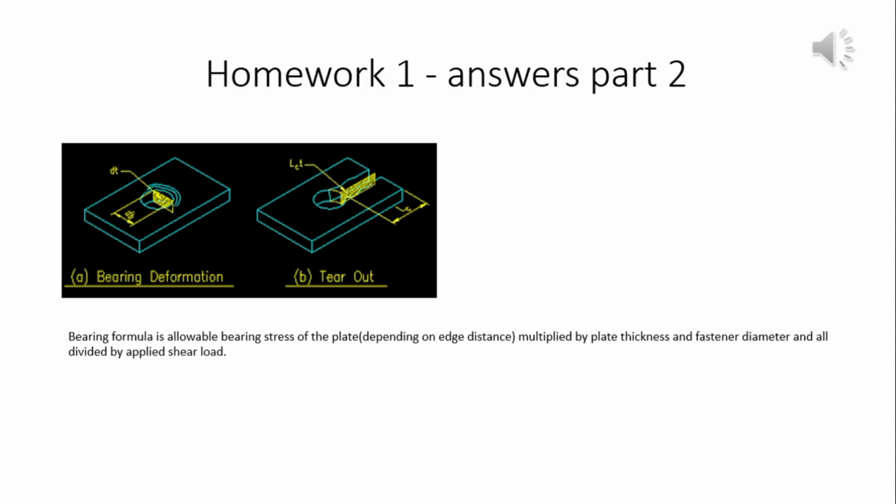It's the allowable bearing stress of the plate multiplied by the plate thickness and the fastener diameter. Like this, it becomes a load, and all divided by the applied shear load.